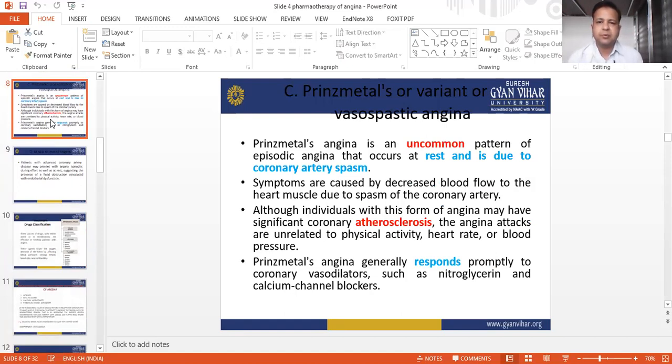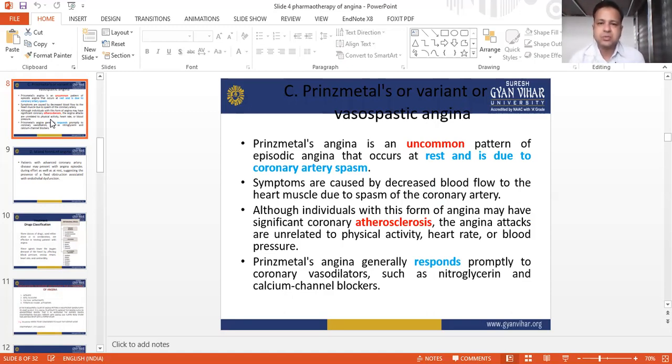The third type of angina is Prinzmetal's, or variant, or vasospastic angina. Prinzmetal's angina is an uncommon pattern of episodic angina that occurs at rest and is due to coronary artery spasm.